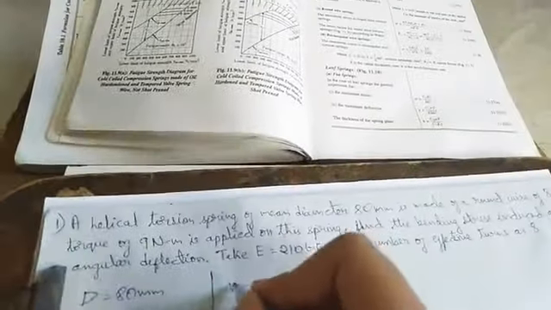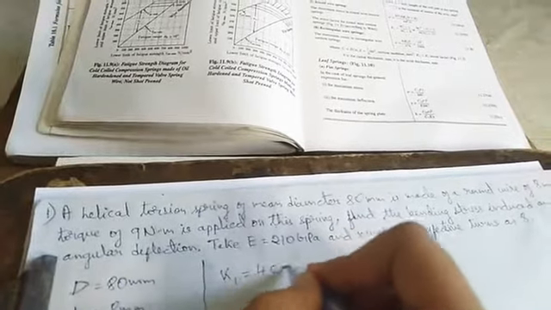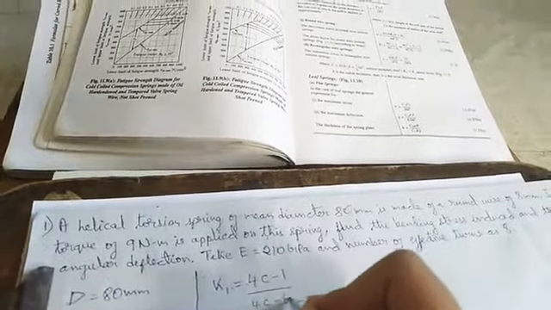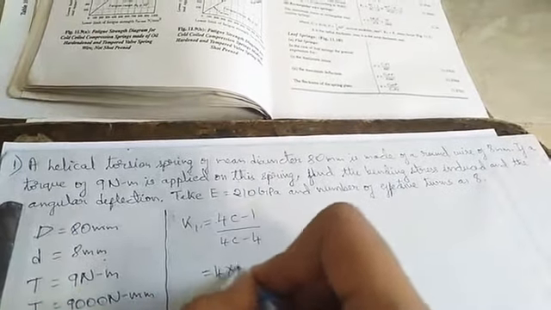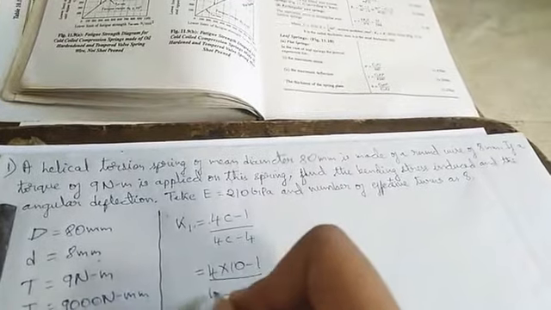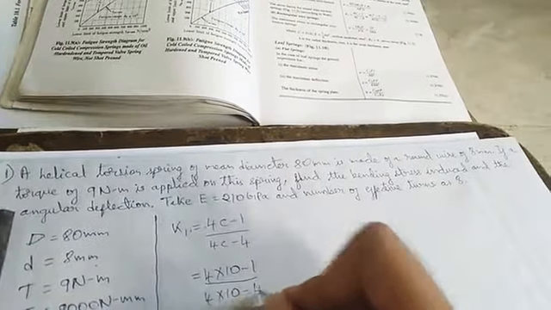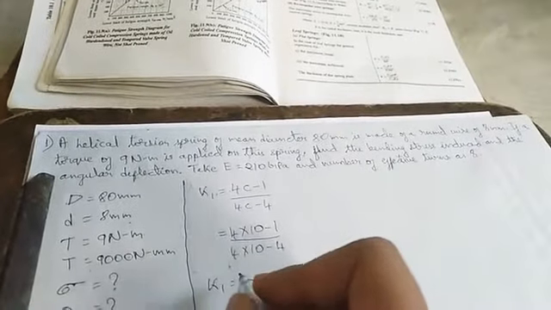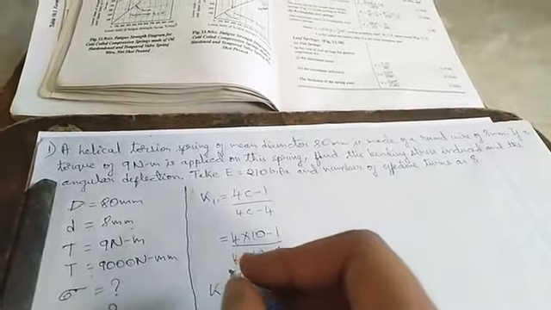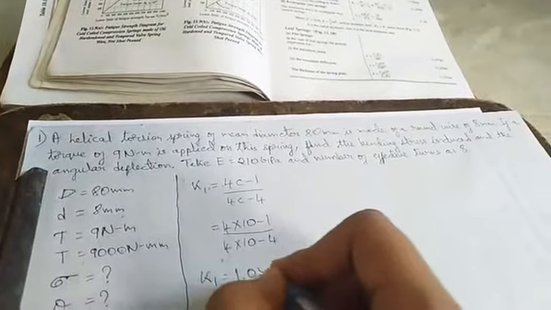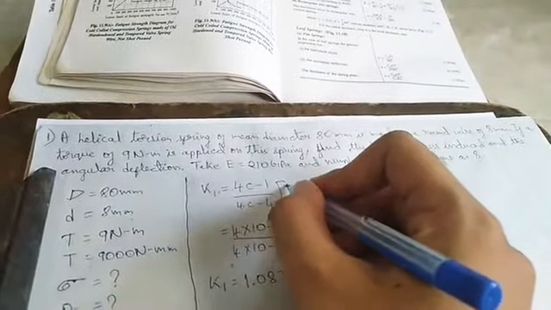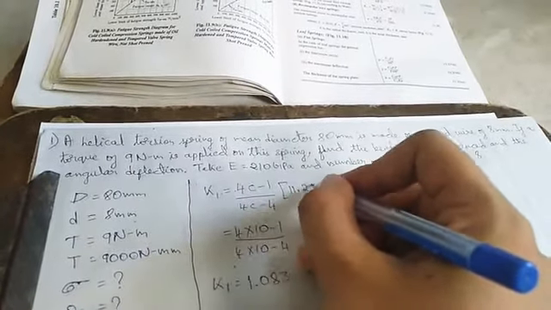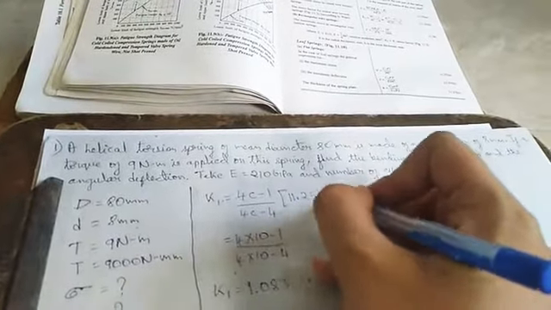K1 is equal to (4c minus 1) by (4c minus 4). The value of C is 10. On solving, we'll get the value of K1 as 1.083. This formula is taken from 11.25B, page number 179.